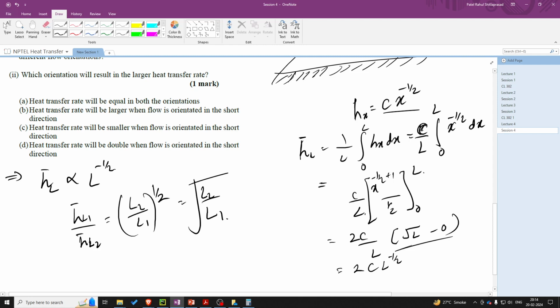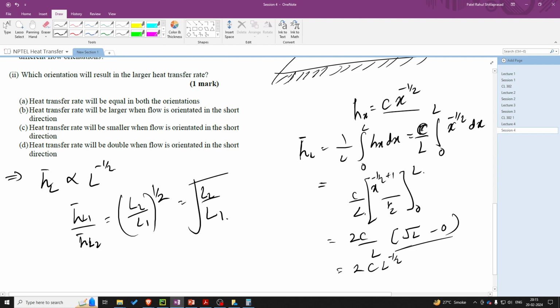The second question was, which orientation will result in a larger heat transfer rate? So basically the heat transfer rate is proportional to the value of the average heat transfer coefficient.